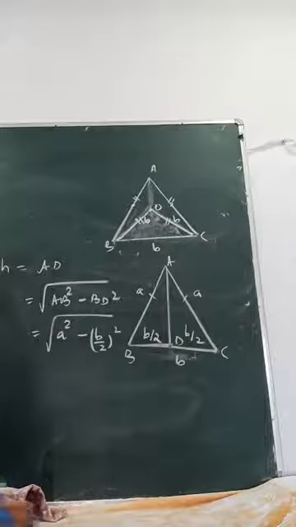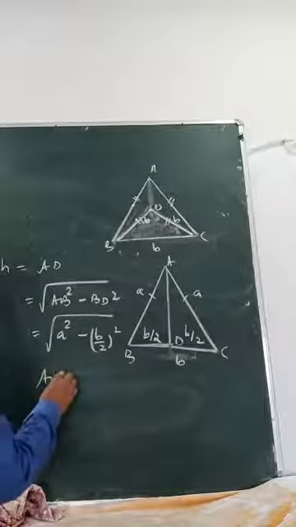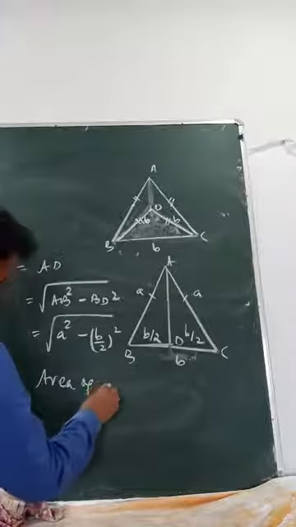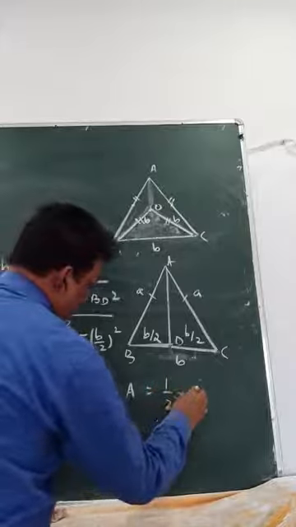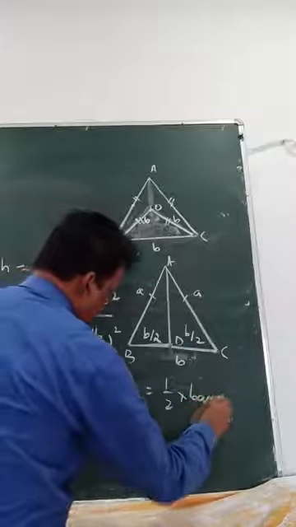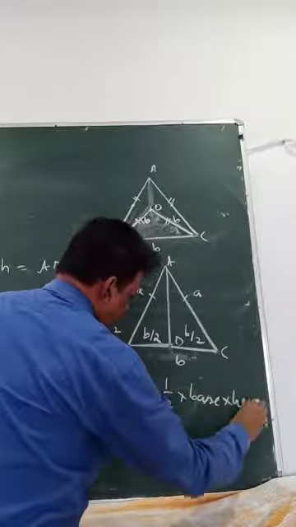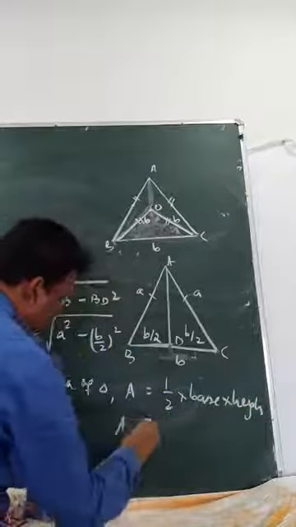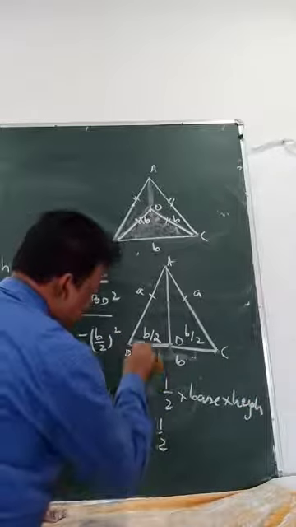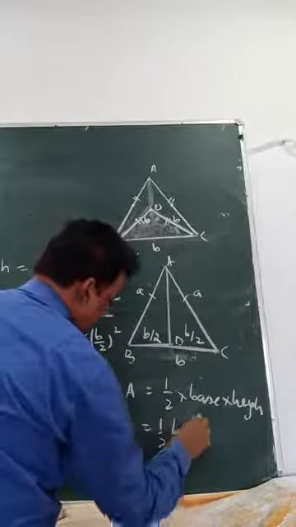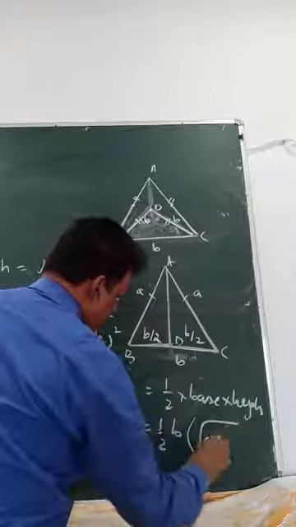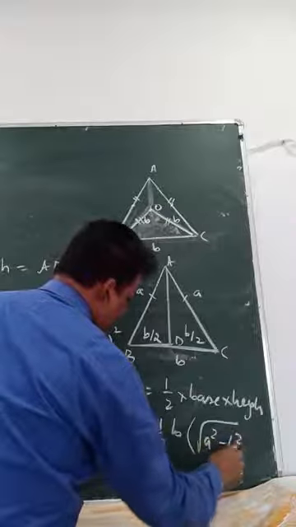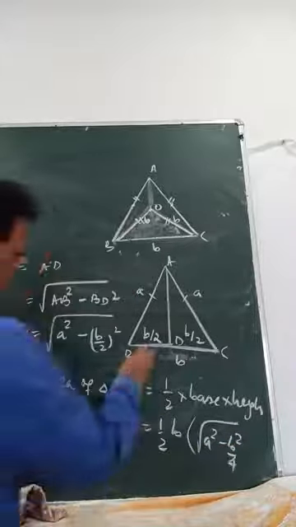So the area, A equals half into base into height. So A equals half, base total is B, height is this one, root over A square minus B square by 4.